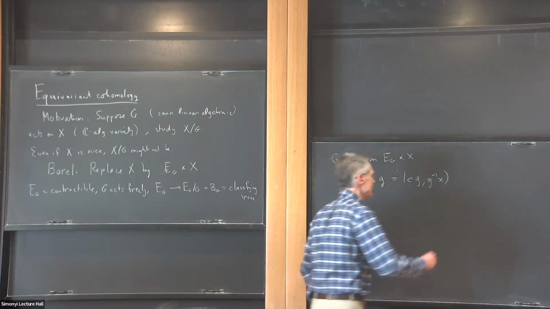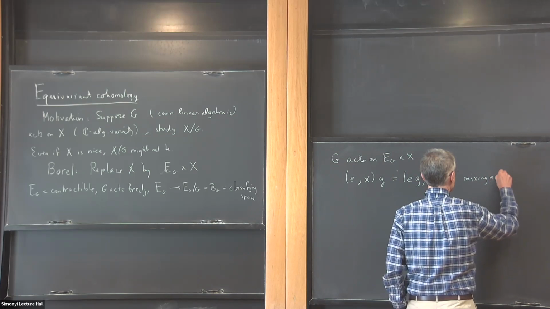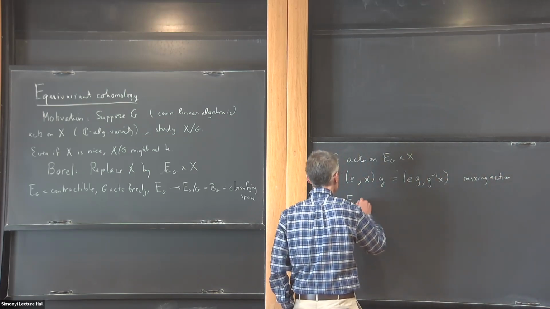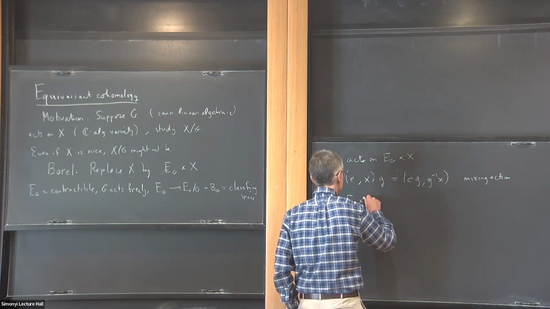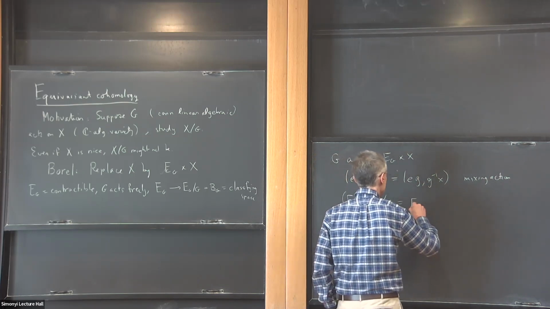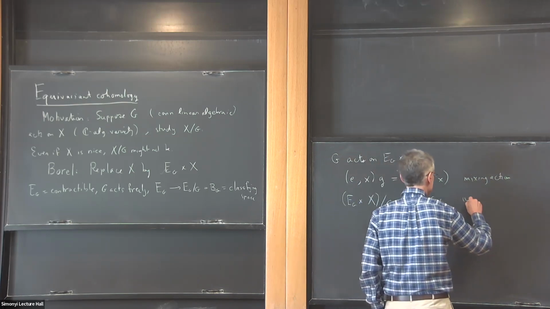This is called the mixing action. The quotient EG cross X mod G, I will denote by EG cross upper G of X, sometimes called a mixed space.